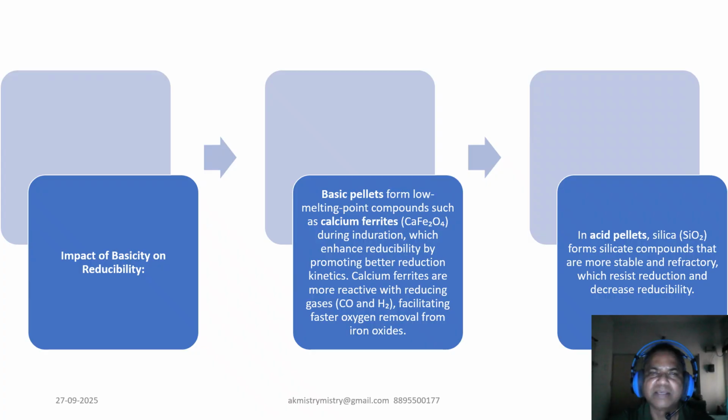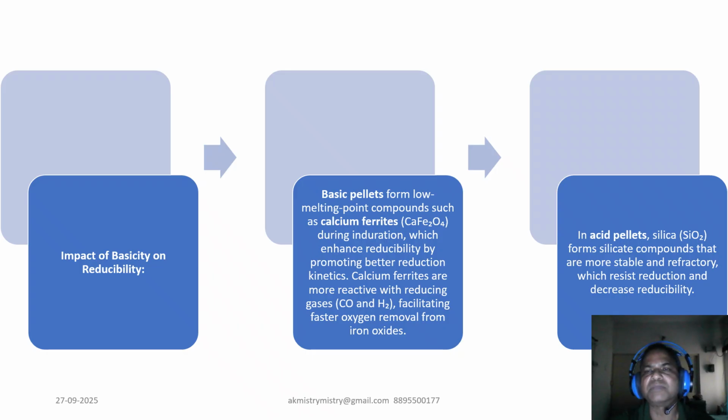On the other hand, acid pellets have a lower porosity and are denser with fewer voids because of their minimal flux content, and this compact structure hinders gas diffusion, as we have already discussed, which dominates in diffusion based reduction and slows down the reduction process.